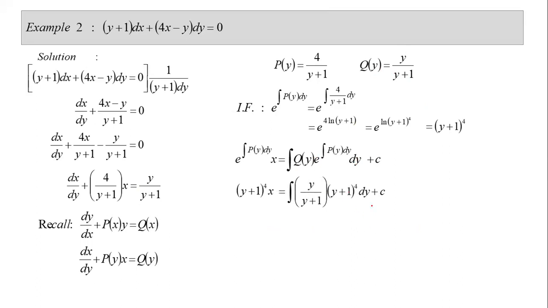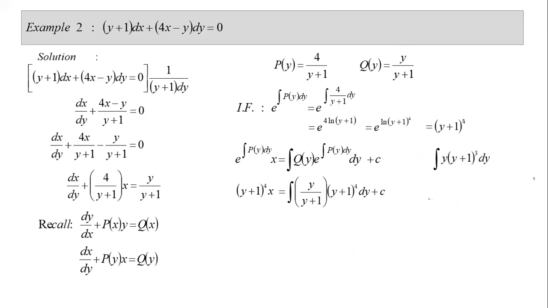Okay, so you'll have y plus 1 integral of y times y plus 1 to the 4 over y plus 1 dy, or you just write this of the form y times y plus 1 cubed dy. Okay, and then you can have the integral of y times y plus 1 to the 3rd power dy.